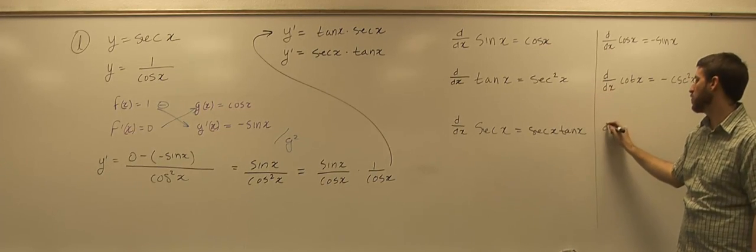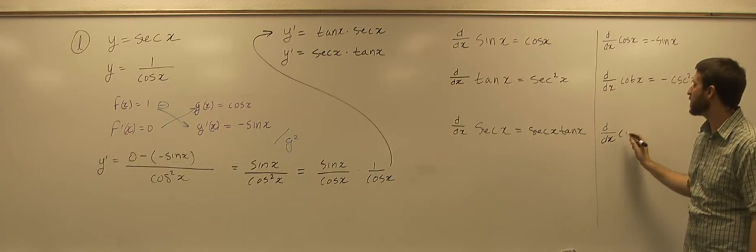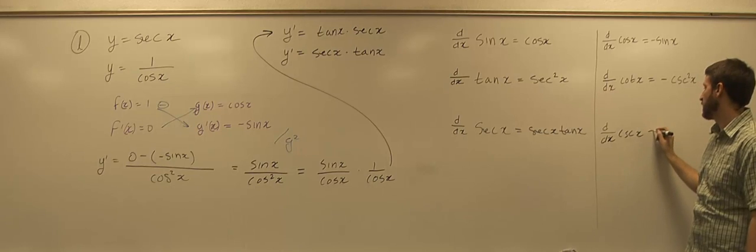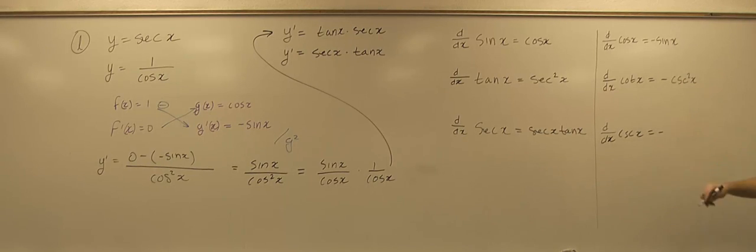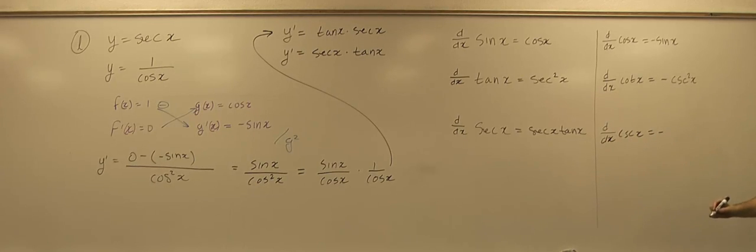And then the derivative of cosecant is going to be negative. All the co-functions, cosine, cotangent, cosecant, they all pick up negatives. It's negative cosecant x cotangent x.